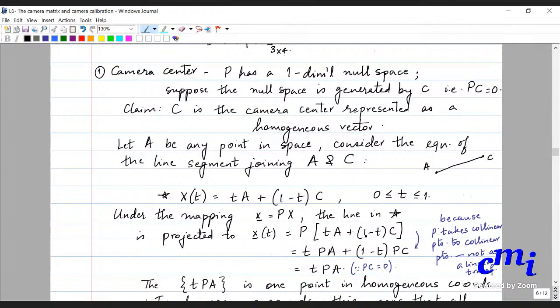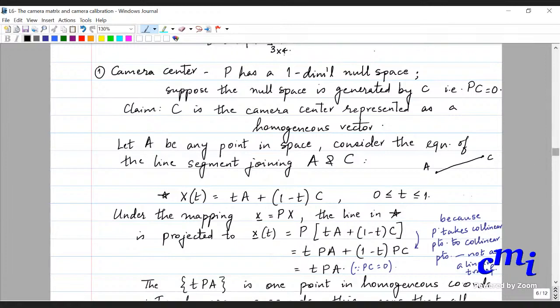That is why this goes to t times Pa plus (1 minus t) times Pc. This is not the linearity property. It happens because this is true for any two points, as close as you want. But Pc is 0.